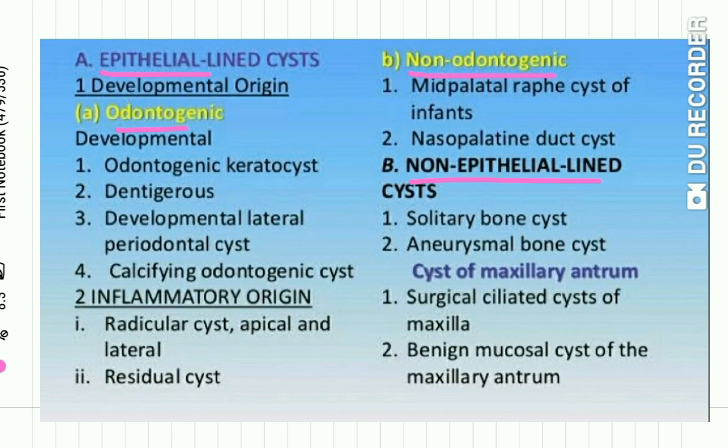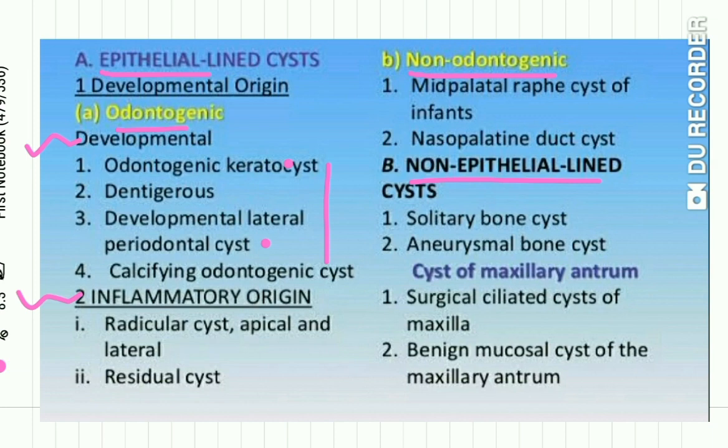The odontogenic cysts are again of two subtypes: the developmental and the inflammatory. So, the developmental odontogenic cysts include the odontogenic keratocyst, dentigerous cyst, lateral periodontal cyst, and the calcifying odontogenic cyst. So these four are in the developmental odontogenic cyst category.